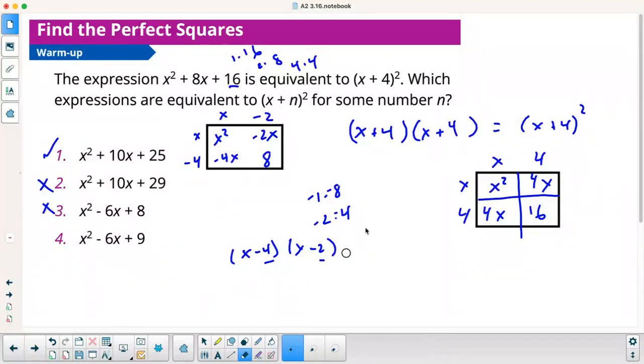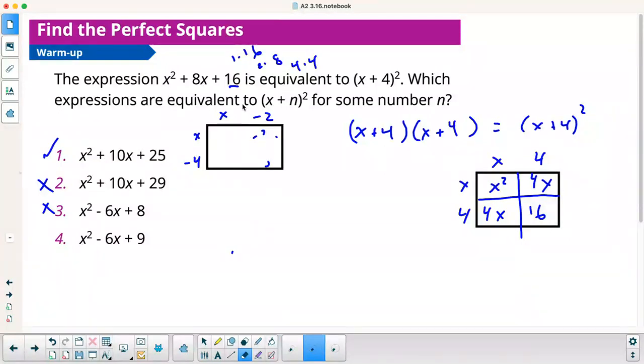And then let's go down to the last one. So x squared goes here, the 9 goes here. Well, 9 is a perfect square, so that's nice. I can jump into 3 and 3. 3x plus 3x is 6x.